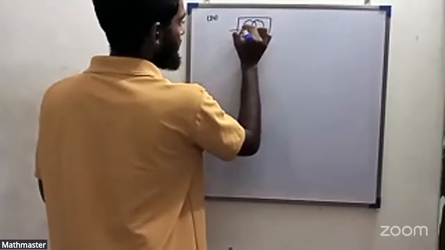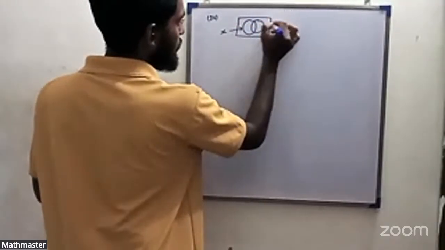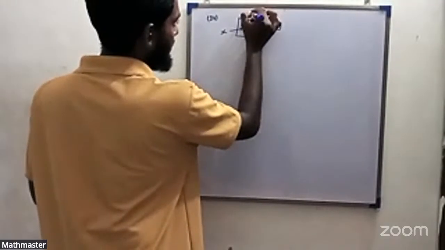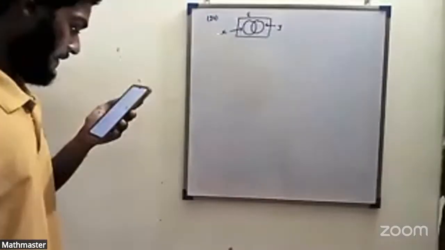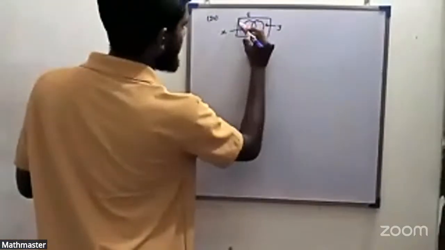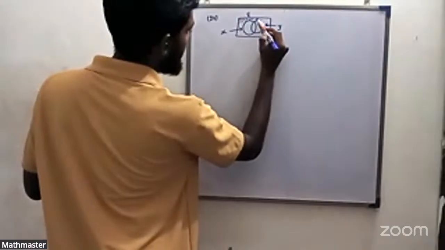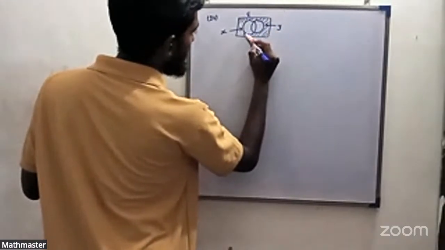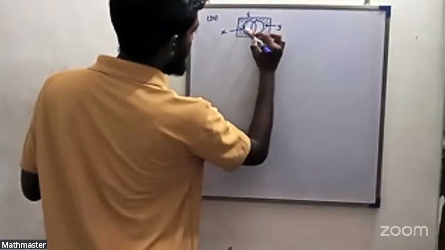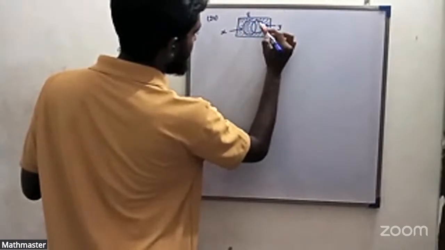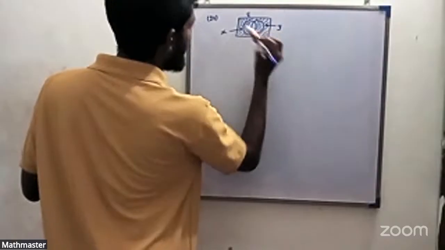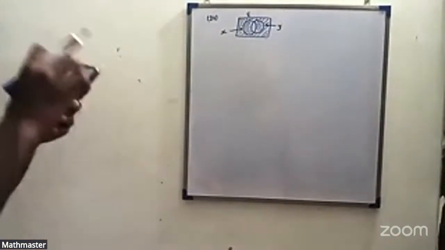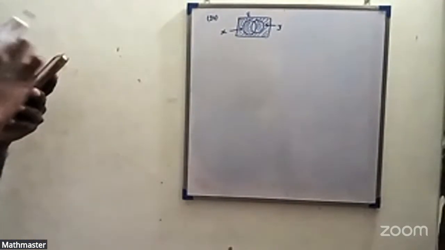Two subsets: X is one subset, Y is one subset. This entire rectangle is the universal set. And what have they shaded? This entire region they have shaded. They ask for the set notation of this figure.